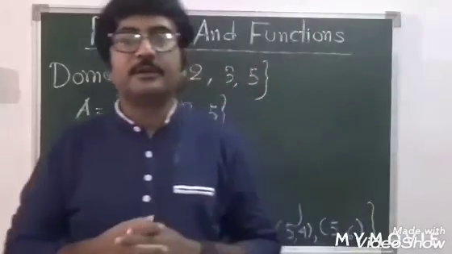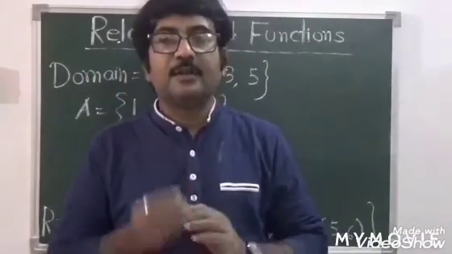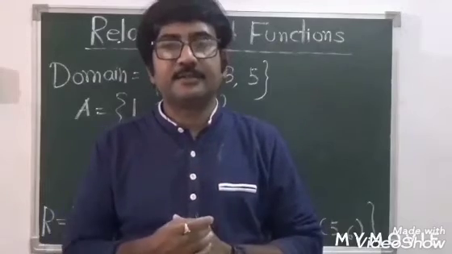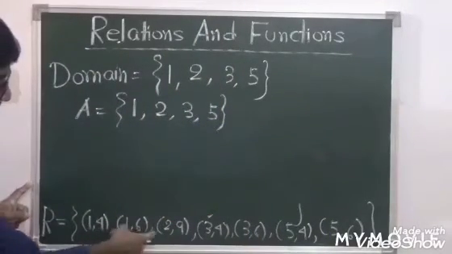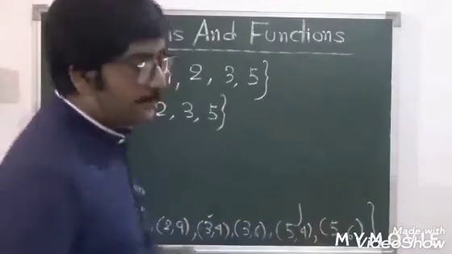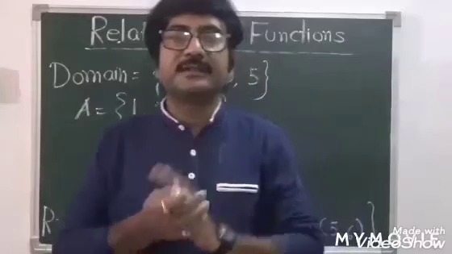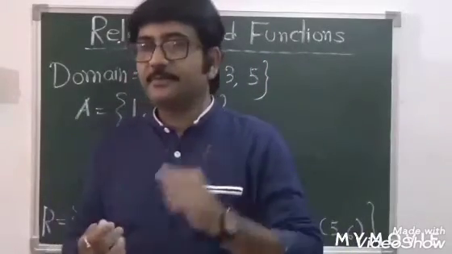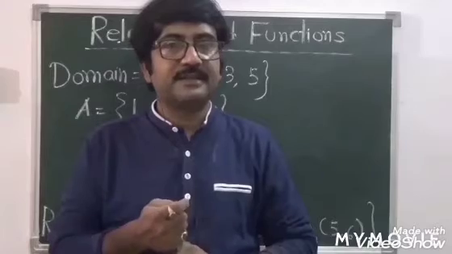Moving on, talking of the range, it becomes the set of all the second elements in the ordered pairs. That is 4, 6, 9, 4, 6, 4, 6. So the set of all the second elements in the ordered pairs, here it is 4, 6, 9, repeated ones will be taken only once, right?